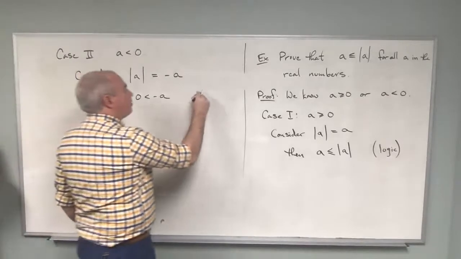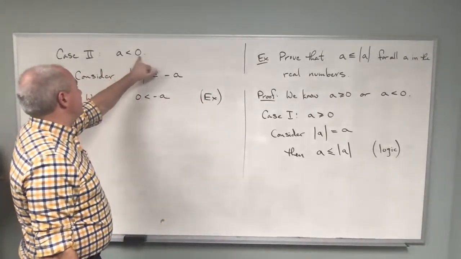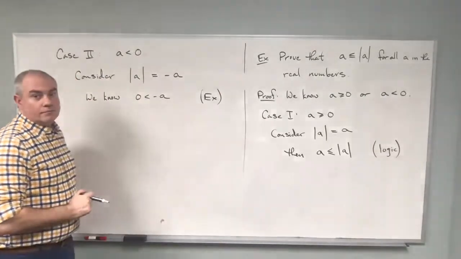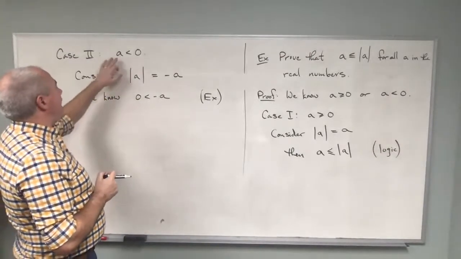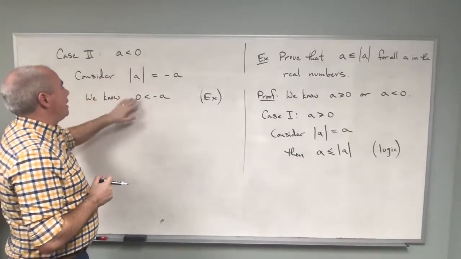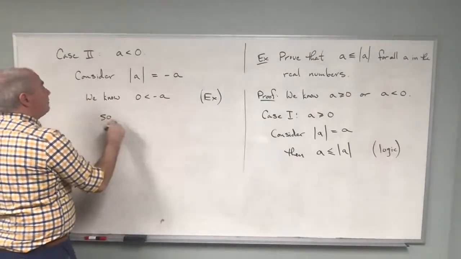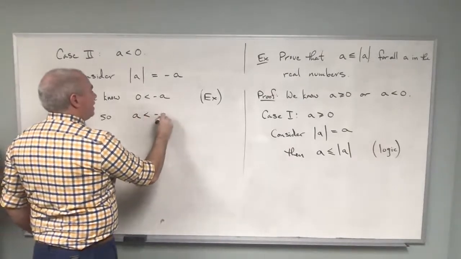And that's by our previous example. Again, I said that if A is less than 0, then 0 must be less than negative A by our previous example. And so now I know that A is less than 0 and 0 is less than negative A.